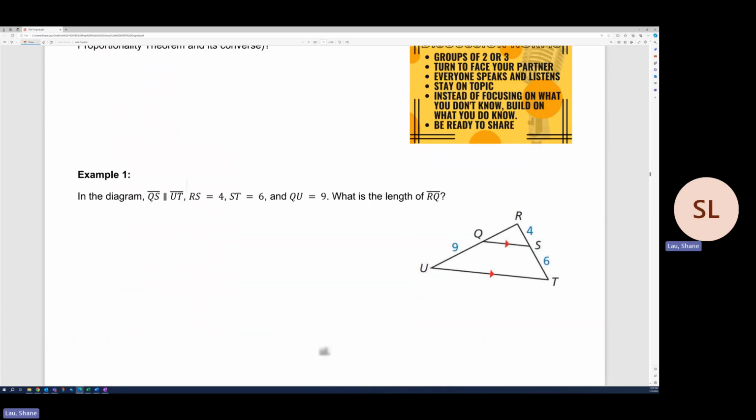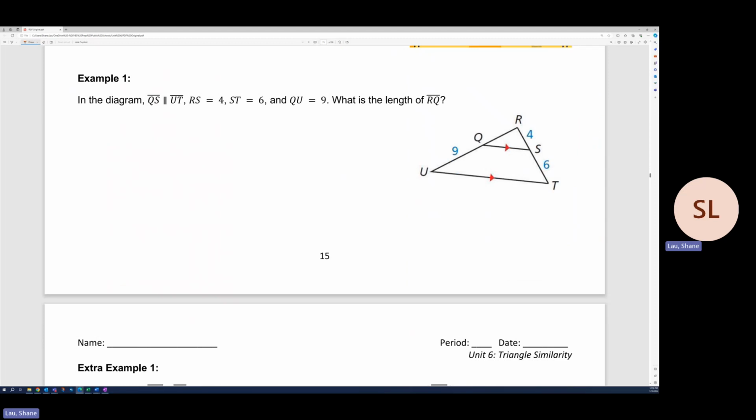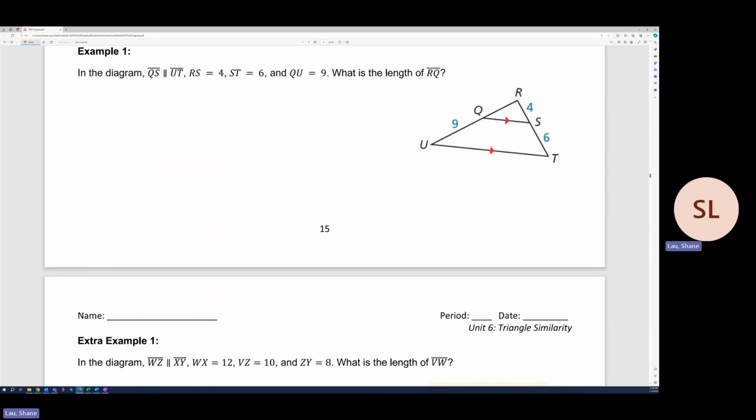We did not do a turn and talk, at least for my group. So we're just going to go ahead and move on to that first example. And the way I approach this problem, obviously you want to read the problem first, right? But I want to start even before that. What are we actually trying to do here? We're working with similarity. In similarity, we use the idea of new and old.